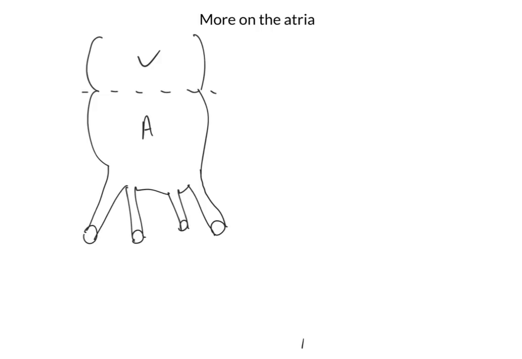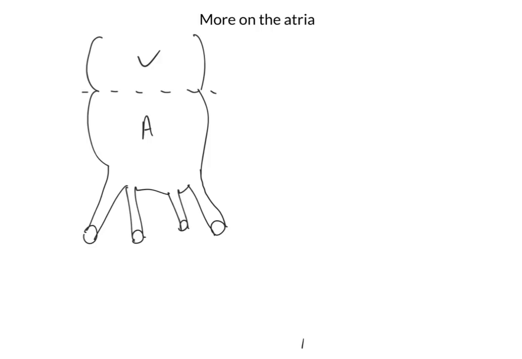Now, it's interesting to note that the adult atrium does not develop from the primitive atrium alone. Let me rephrase that. The entirety of the adult atrium develops from both the primitive atrium and elements of the sinus venosus. Okay, so the adult atria develop from the primitive atrium and elements of the venous system, the sinus venosus.